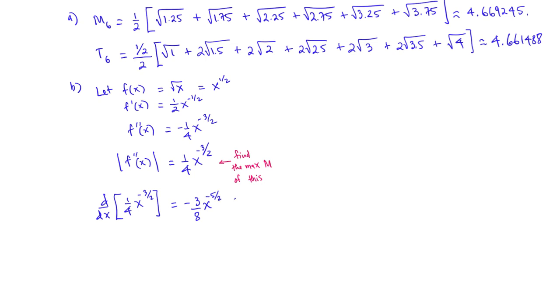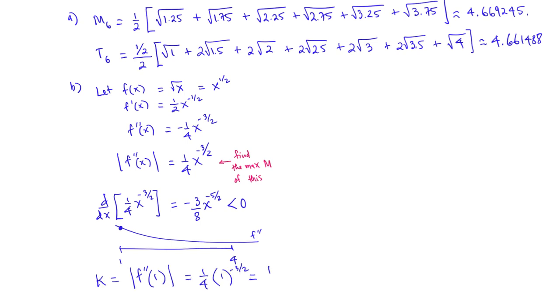which is negative on the interval 1, 4. We see that the absolute value of the second derivative is decreasing, so its highest point must be at the left endpoint. That is, the absolute value of f double prime of 1 is the maximum, so k equals the absolute value of the second derivative evaluated at 1, which is 1/4.